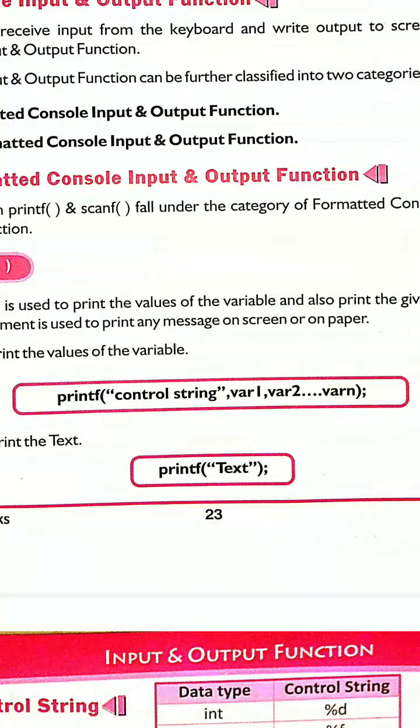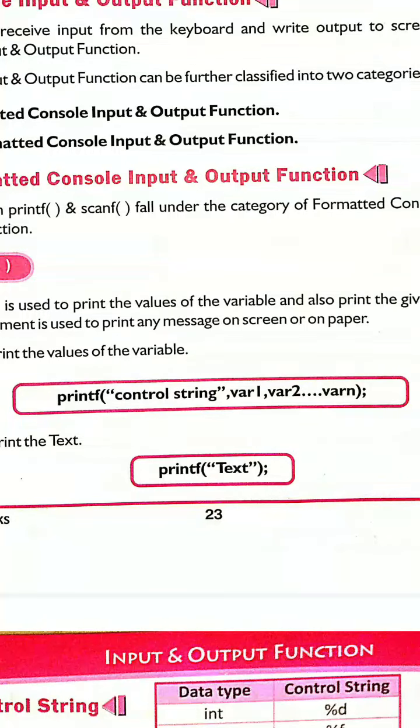If you are printing a character value variable, then you have to use %c in the place of control strings. If you are printing a long integer type variable, then you have to use %ld, not 1d, that is ld. So you have to use these respective control strings to print values of a variable.